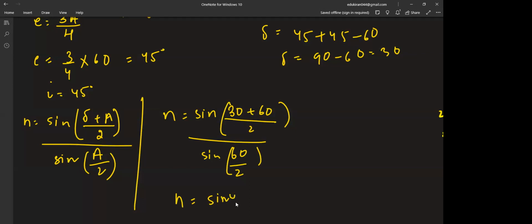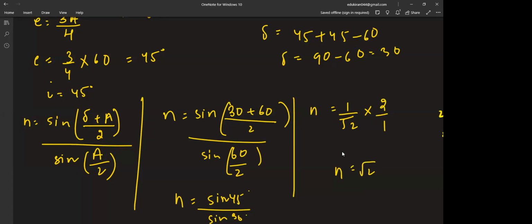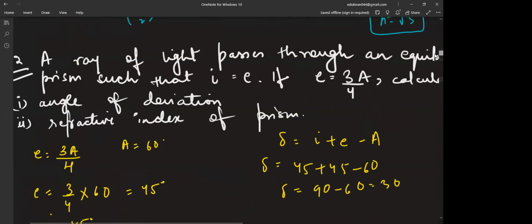So this is sine 45 divided by sine 30 degrees. So this is 1 by root 2, and this is by 2. So this basically is ultimately root 2. Note it down.